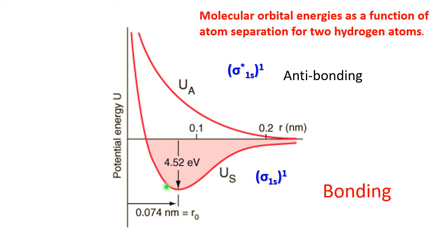If we'll start pushing hydrogen atoms even closer, the energy will be less favorable, and at some moment it will become unfavorable because positive nuclei will repel each other. So our hydrogen molecule will sit here. With anti-bonding orbitals, with electrons in anti-bonding, you'll have no attraction at all. At any distance, you will have only repulsion between them.